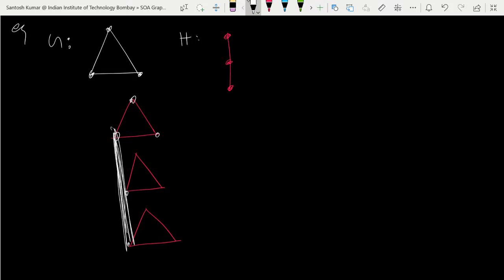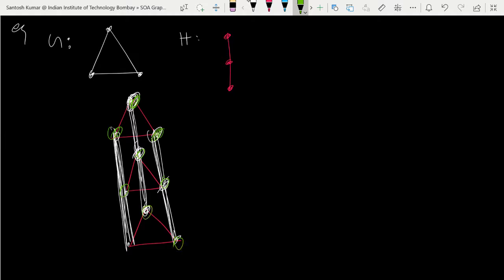This is your H. You can join these three. This is your H, and this, and this you join. This is again your H. So you can see there are 9 vertices. 1, 2, 3, 4, 5, 6, 7, 8, 9.